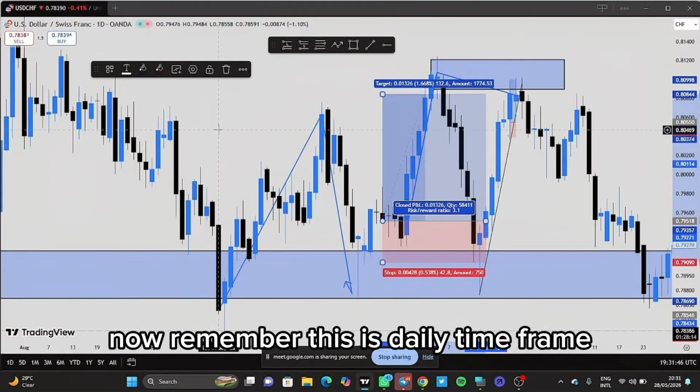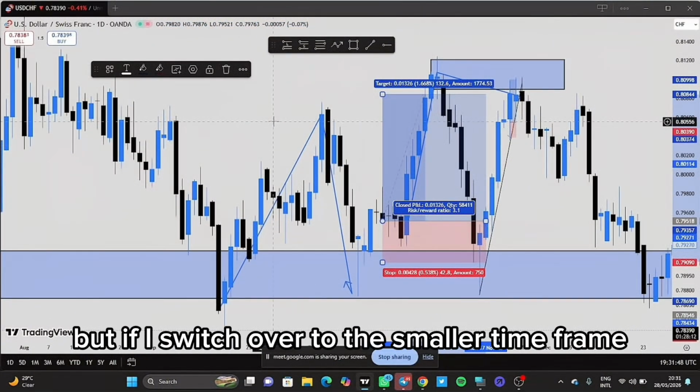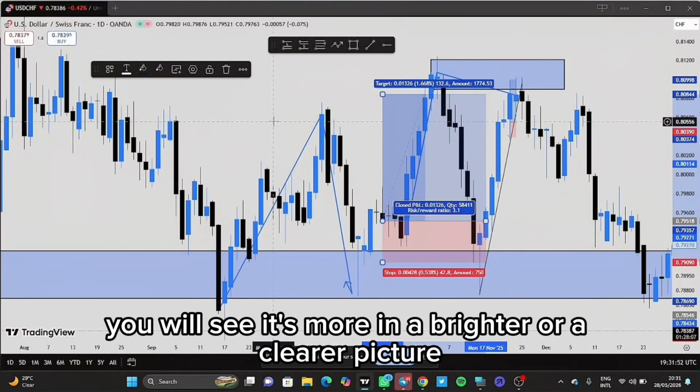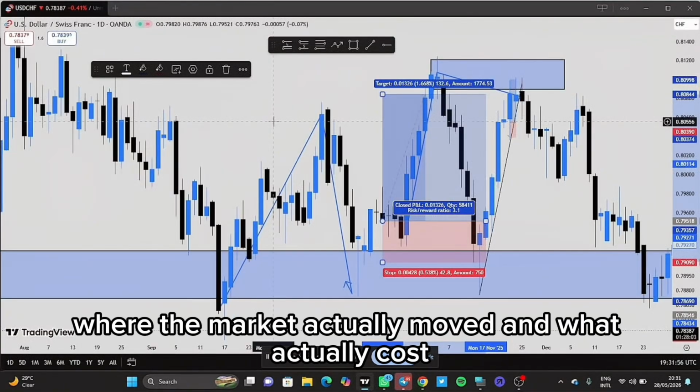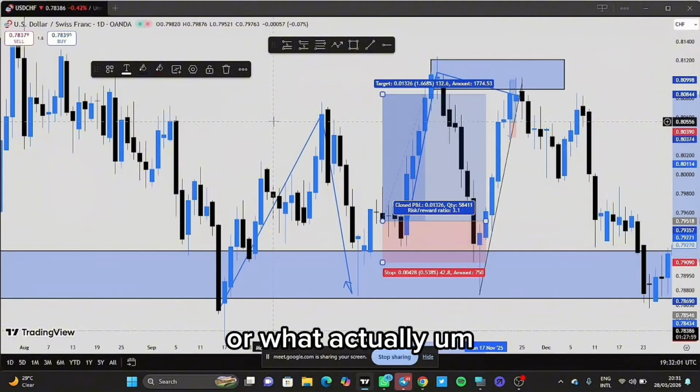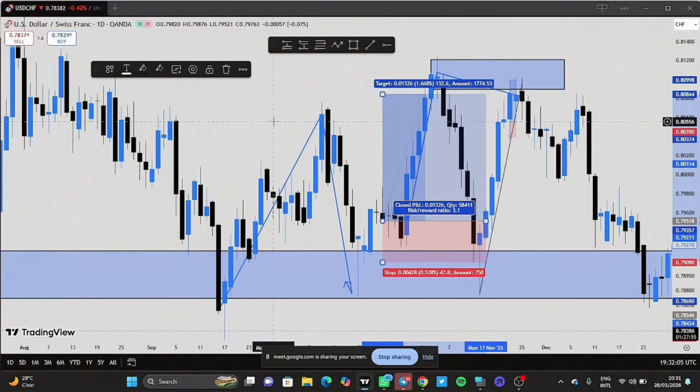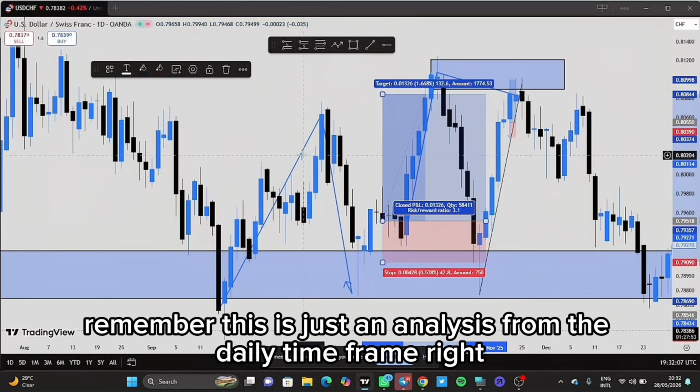Now remember, this is the daily time frame, but if I switch over to the smaller time frame, or the 4-hour time frame, you will see a brighter, clearer picture of where the market actually moved and what actually happened on the smaller time frame that will give you a good entry point. Remember, this is just an analysis from the daily time frame.